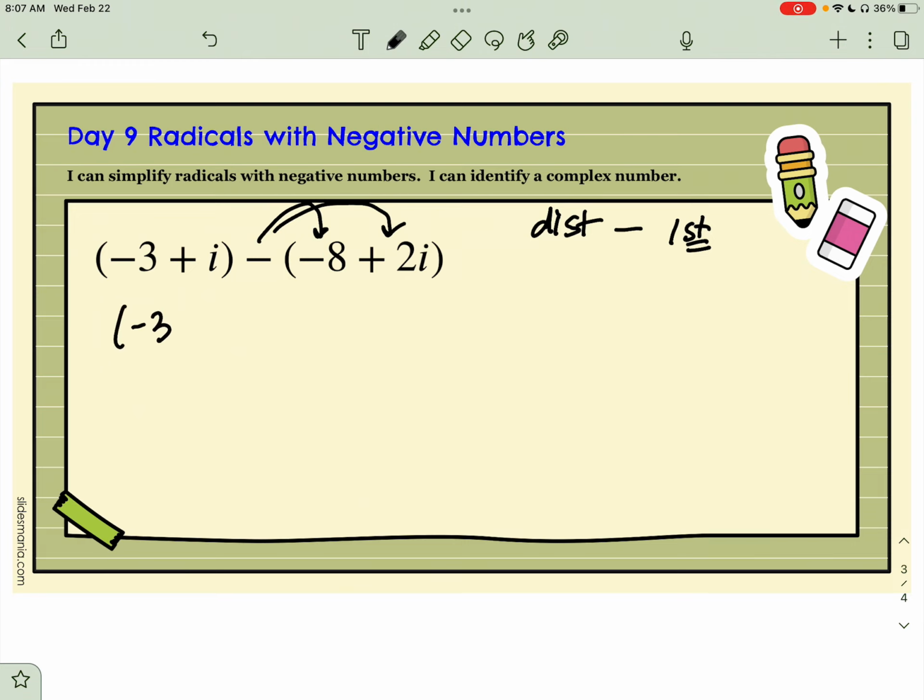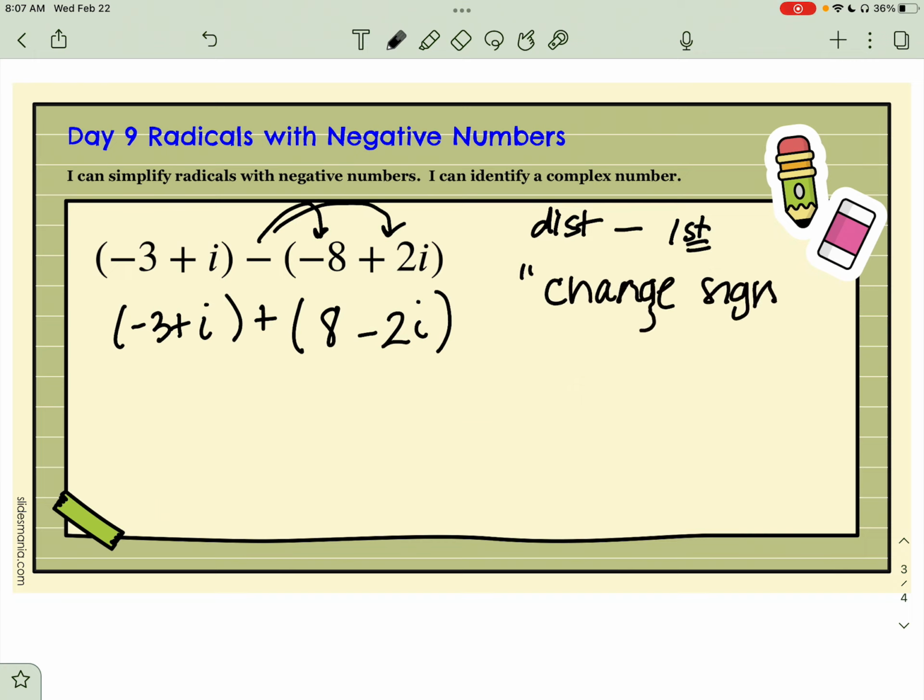So I have negative 3 plus i. And then I'm going to change this to a plus. Plus negative times negative is 8. Negative times positive. Okay, so basically change the sign.